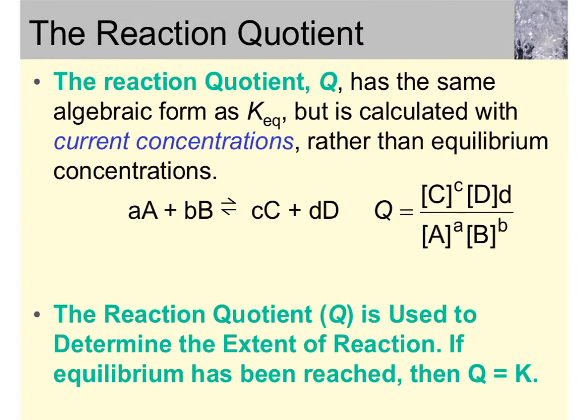Q, the reaction quotient, has the same formula as K, but the concentrations of products over reactants can be plugged in at any point in the reaction. It doesn't have to be at equilibrium. Q is very commonly used to first establish whether or not we're at equilibrium, and then, depending on the relative value of Q compared to K, we can speculate whether the reaction needs to shift left toward reactants or right toward products in order to reach equilibrium.